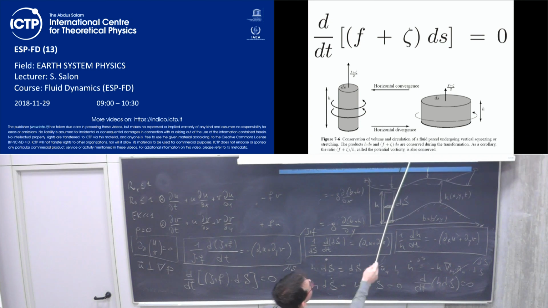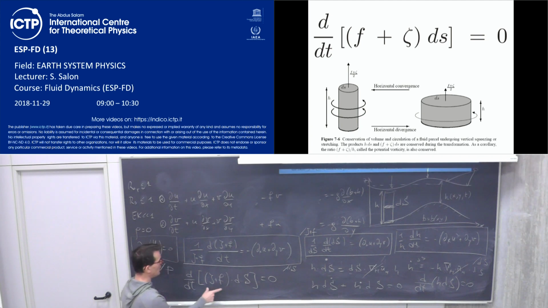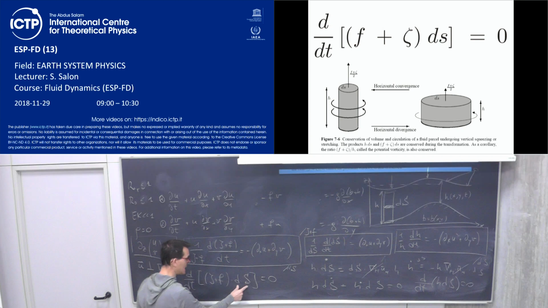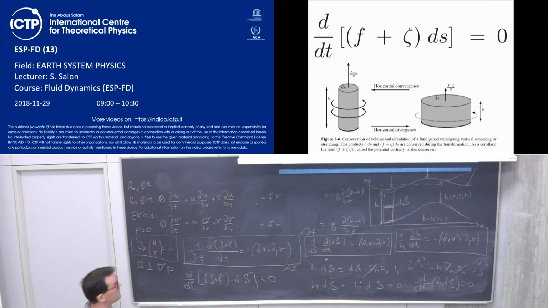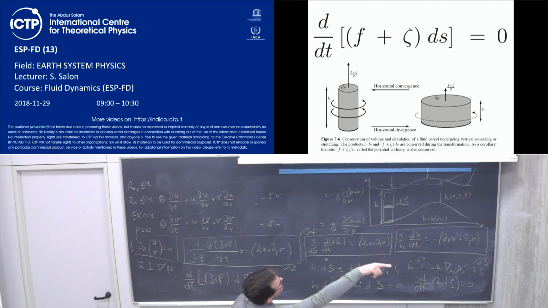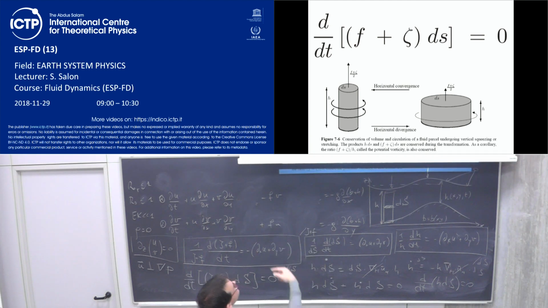So when we increase the cross-section, we have to decrease the vorticity. When we decrease the cross-section, we have to increase the vorticity. Horizontal divergence acts in this direction, stretching the fluid column's cross-section and decreasing the vorticity. Horizontal convergence acts in the other direction, squeezing the fluid column and increasing the vorticity. So this is nothing more than a conservation principle, exactly like the conservation of angular momentum.